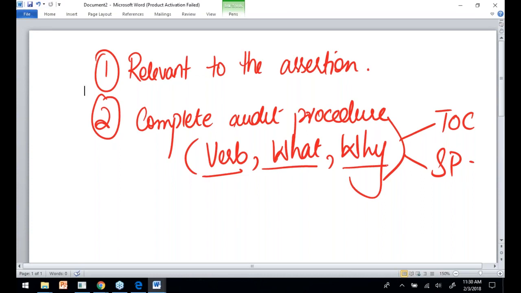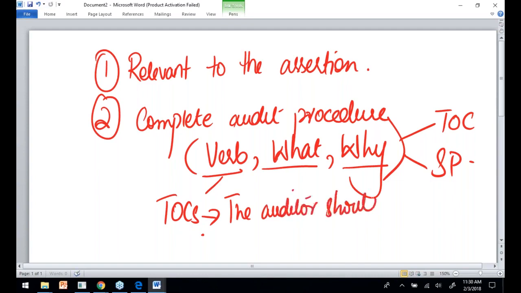Only then is it a complete audit procedure. If in TOCs you can't mention the verb, start with the auditor should. For substantive procedures, don't start with the auditor should. If you can't think of why, then use the assertion in your procedure.